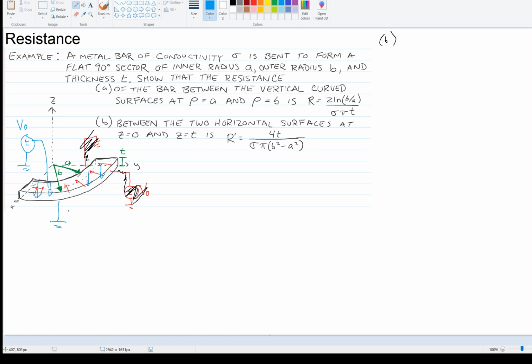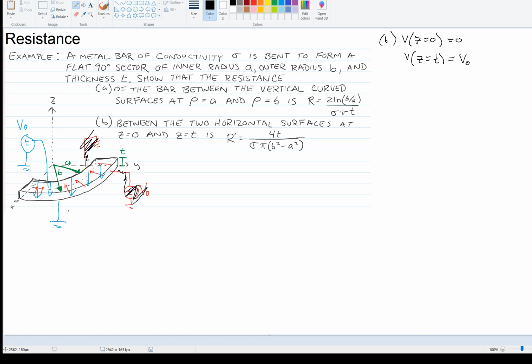Again, I can't erase the red arrows right now, but they're pointing down the material if we do that. So what we just said was then we're letting V0 equals 0. Let me back up. This is at z equals 0 is 0. And the voltage at z equals t, we're letting be V0 volts.